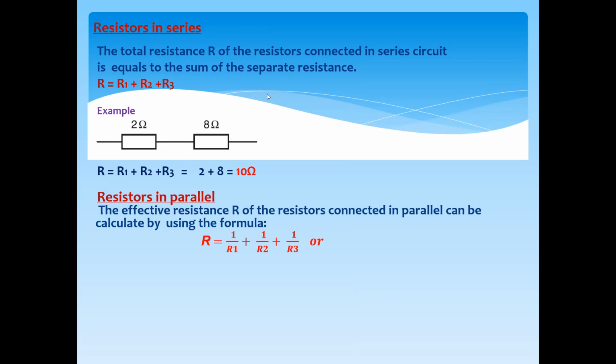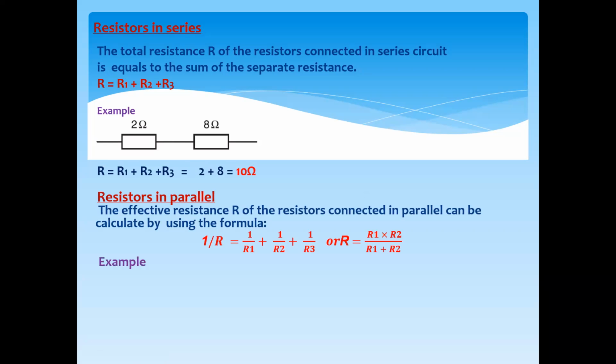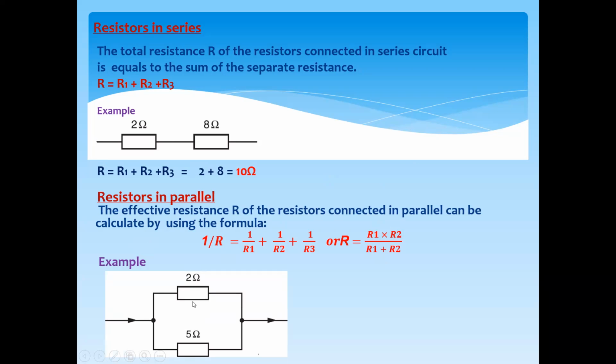But if two or more resistors are connected in parallel, how can we find the combined resistance? The combined resistance will be equal to product divided by sum. Or we can also use the formula 1 over R equals 1 over R1 plus 1 over R2. For example, 2 ohm and 5 ohm are connected in parallel.